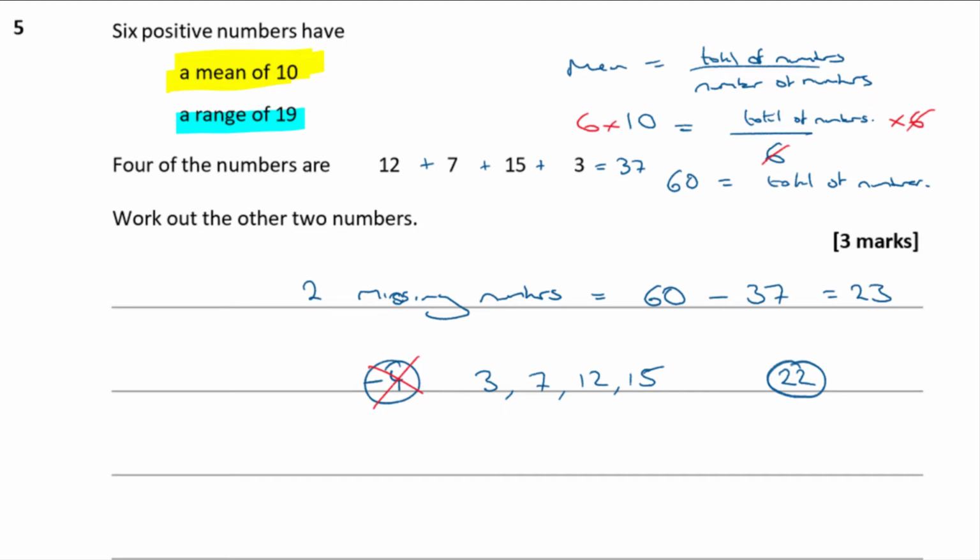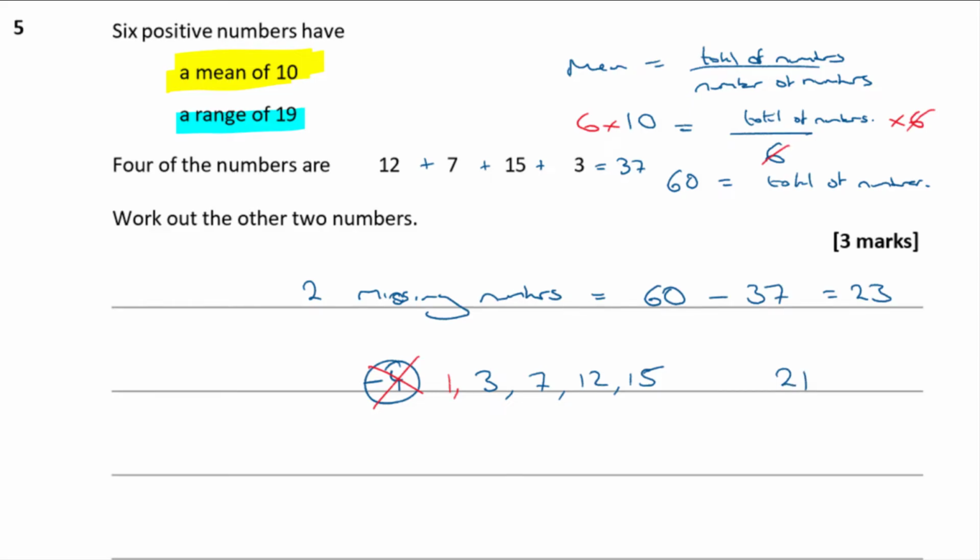If it was 22, though, I've got a problem because I've got one left over. That means I'd have a 1 here, and now the range isn't 19 anymore. Now the range is 21. This is a slight problem. What about if it is 1 less than 22? Let's try 21 instead.